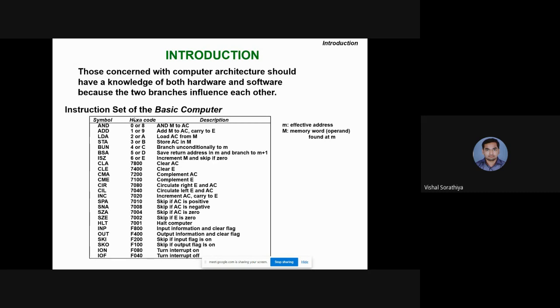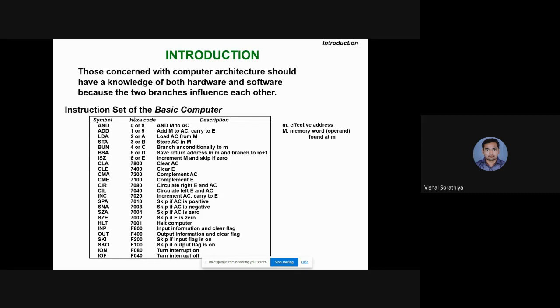So we can say that the combination of hardware and software is required, and both branches influence each other. So what is the basic instruction set? The instruction set and all these things we have discussed many times in chapter number 2. There are logical operations, arithmetic operations, register transfer operations, load, interrupts, and input-output instructions.